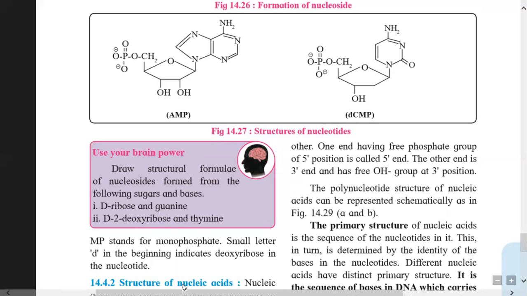Similarly, dCMP: here d stands for 2-deoxy, C stands for cytosine, and MP for monophosphate. So in the sugar component at second position, there is no OH group, therefore 2-deoxy. Here the base present is cytosine and the phosphate group. So these are the examples of nucleotides.